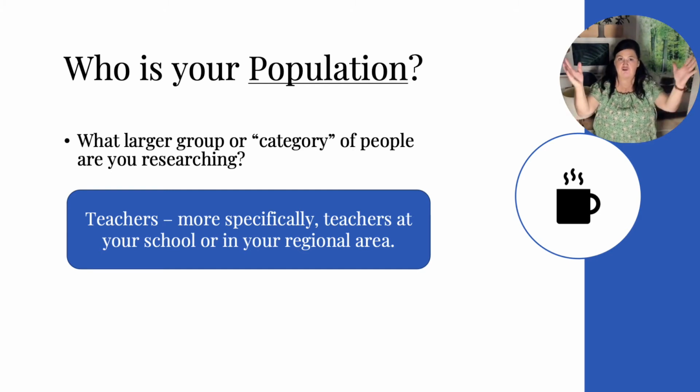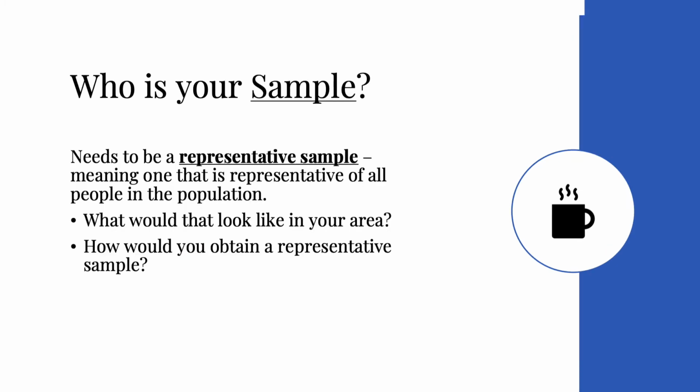Then we want to narrow it down, and that's called a sample population. Okay, and we want that sample population, that smaller number, to make sure that we have a group of people that represent all of the people that work at our school so that everybody feels like they've been represented.